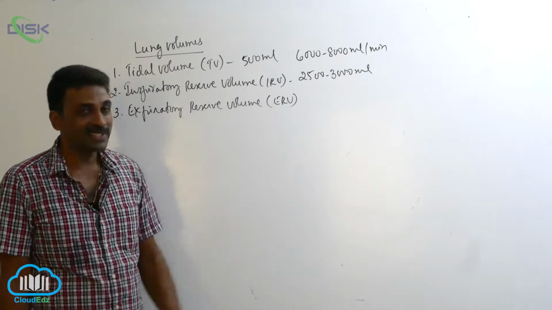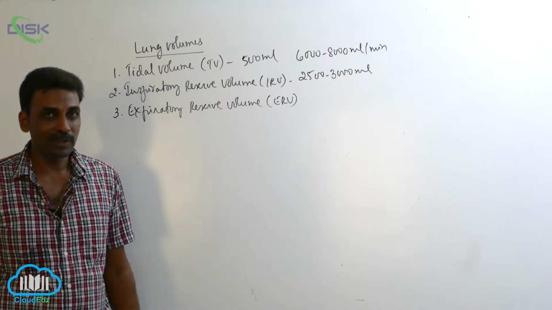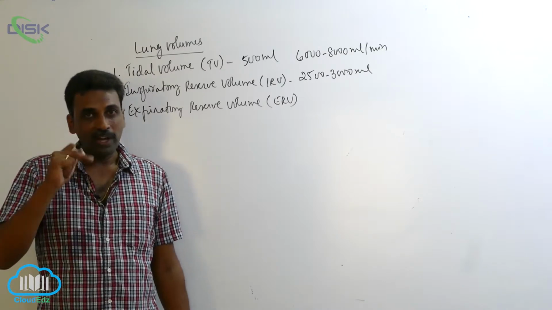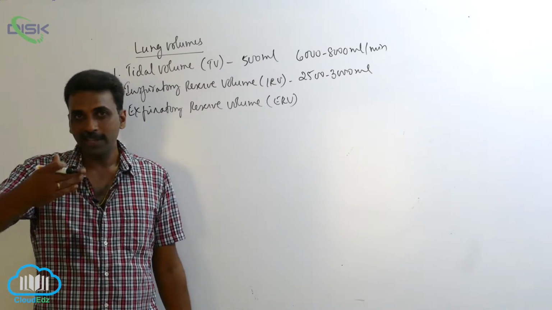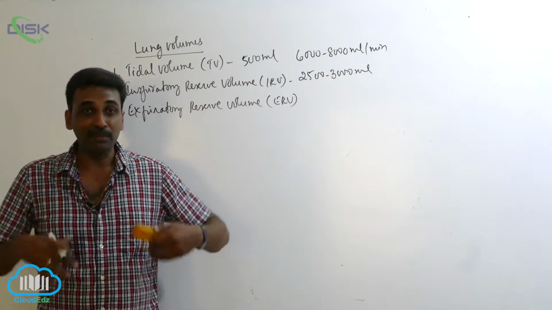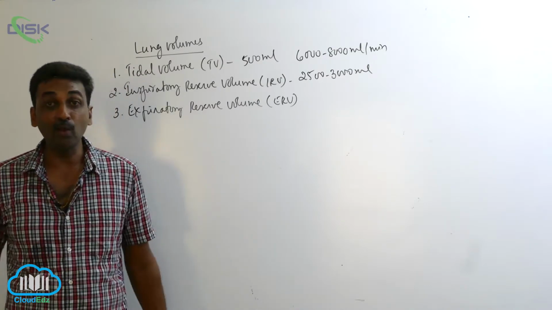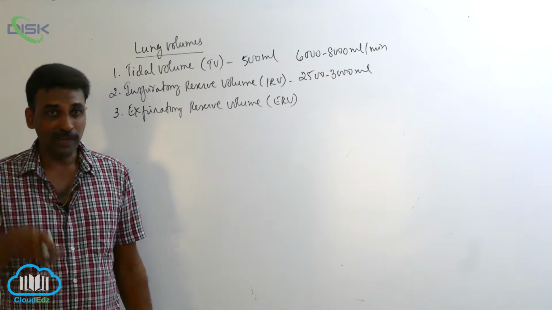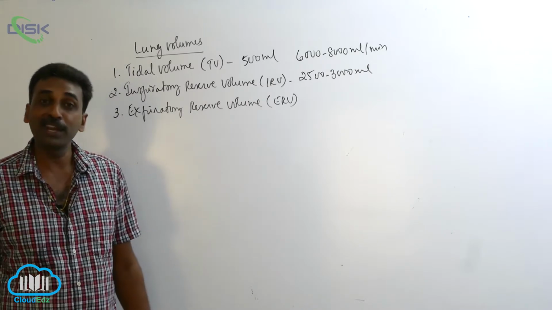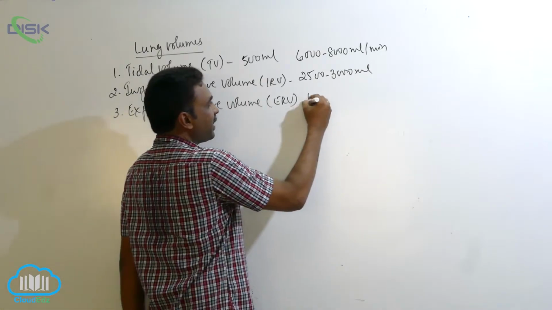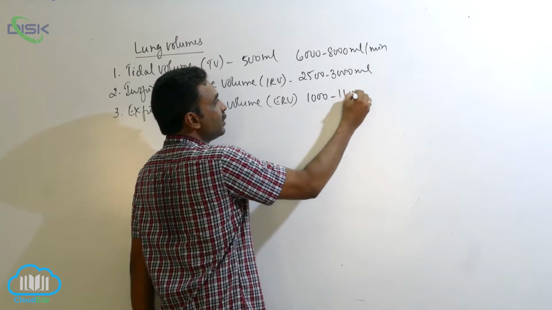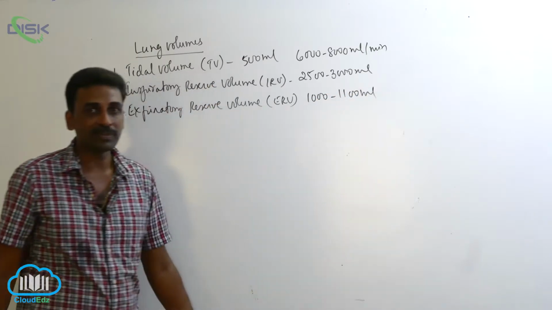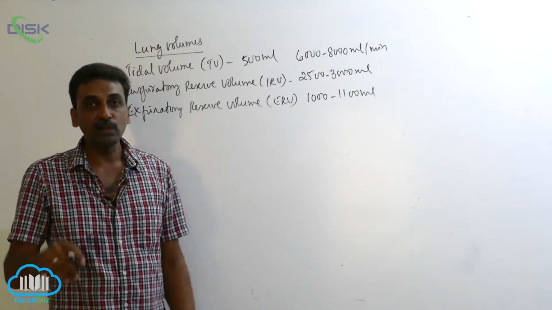That air is called expiratory reserve volume. It is the extra air forcefully pushed out from the lungs after normal expiration. Expiratory reserve volume is around 1000 to 1100 ml.